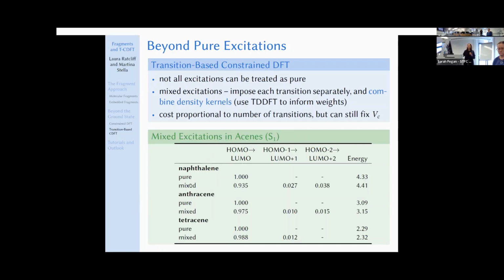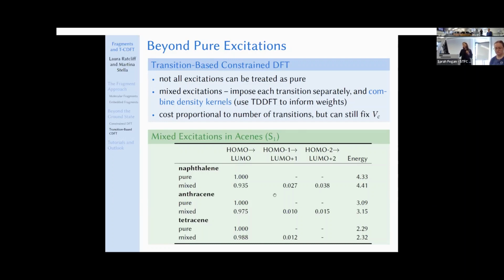If we consider the HOMO-LUMO transition in naphthalene to be mixed, meaning that, thanks to an analysis based on TD-DFT that I'm going to show you later, and it's also in one of the notebooks, we can see that actually there is a HOMO-LUMO transition as well as a HOMO-1 to LUMO+1 transition and a HOMO-2 to LUMO+2 transition with these particular weights. These weights have been directly extracted by a TD-DFT analysis that has been done beforehand in order to inform this.